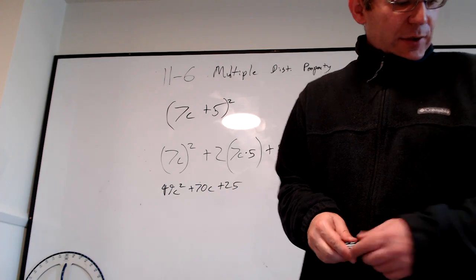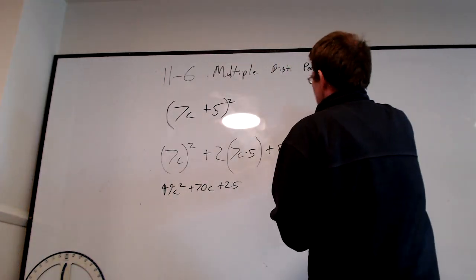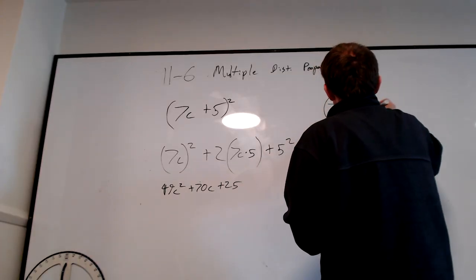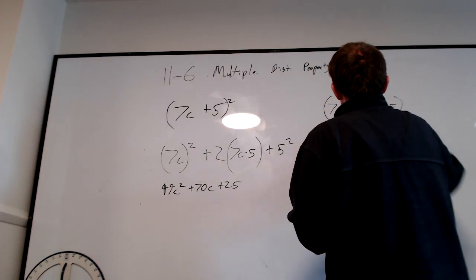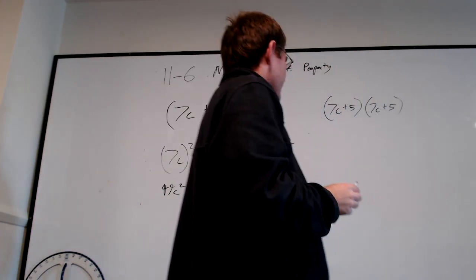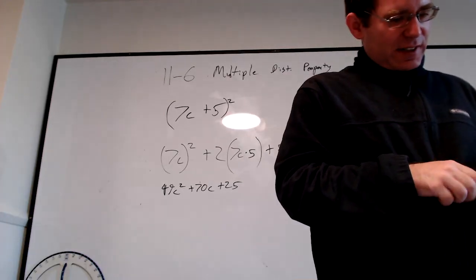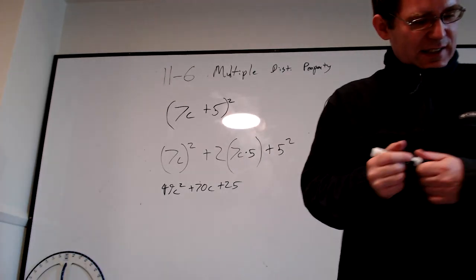So that's one way to do it. The other way to do it is just to write out 7c plus 5 times 7c plus 5, like we've been doing otherwise. Then there's a third way to think about this.